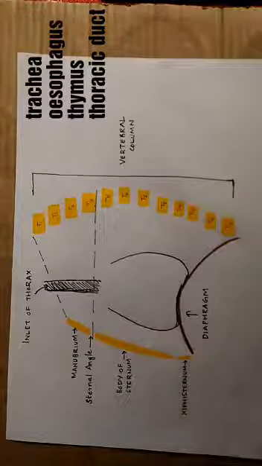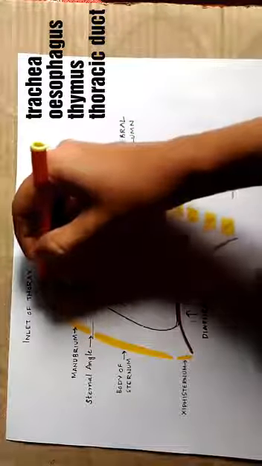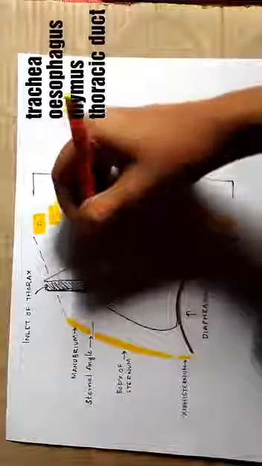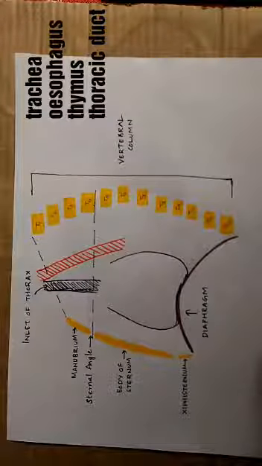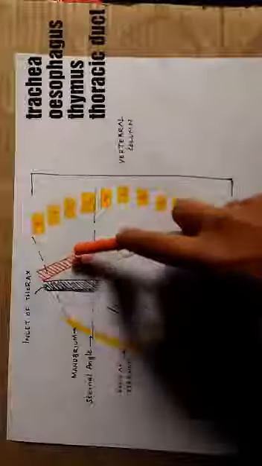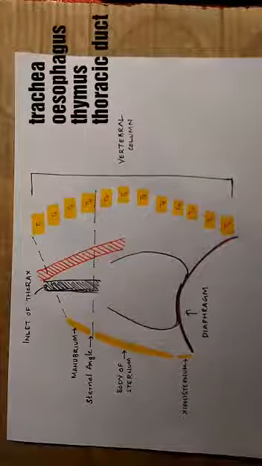And just behind the trachea we can see the esophagus. So one content of the superior mediastinum is the trachea and another is the esophagus.